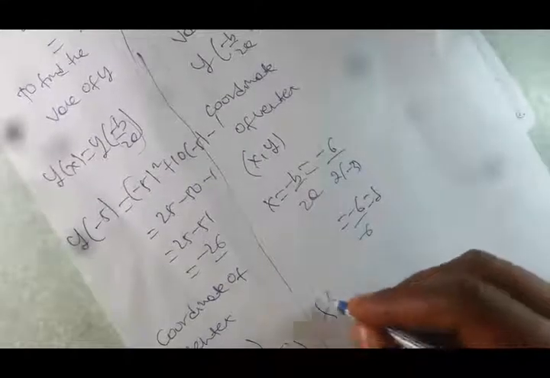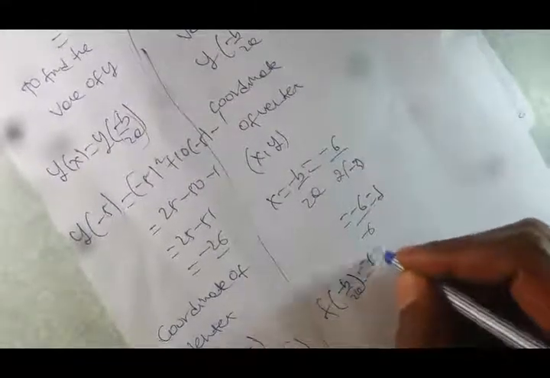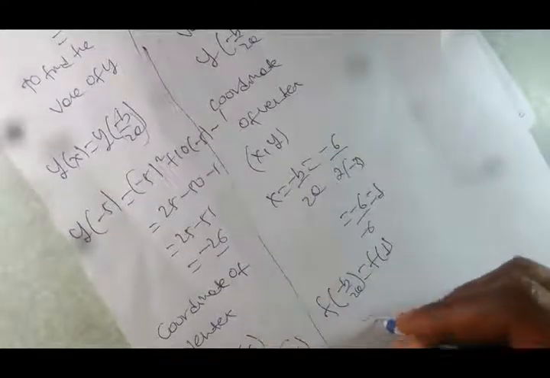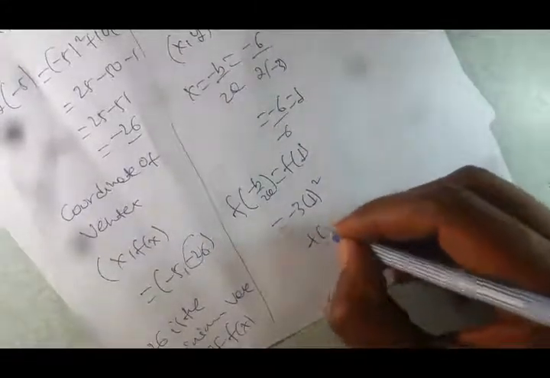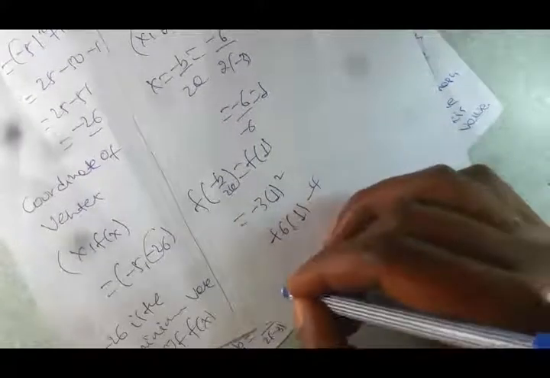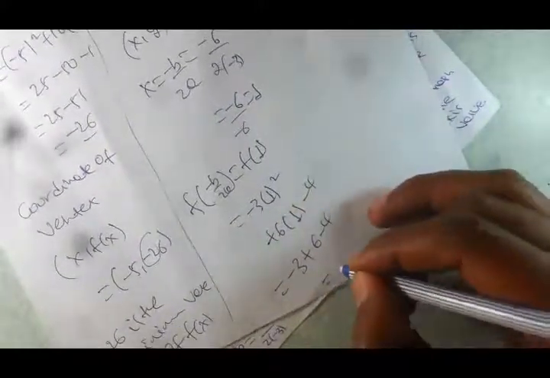Therefore f of minus b over 2a is equal to f of 1. This is equal to minus 3 times 1 the whole square plus 6 times 1 minus 4. This is equal to minus 3 plus 6 minus 4, which is equal to minus 1.